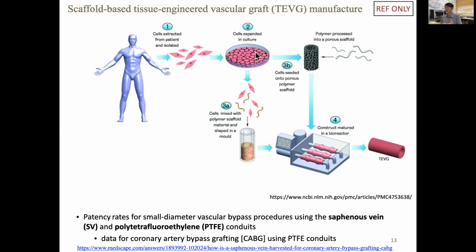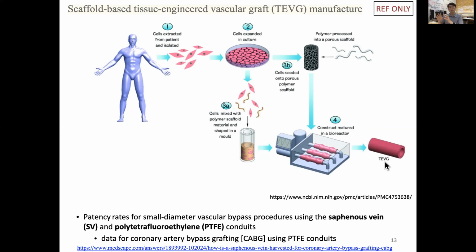The cells are expanded in culture, and can be either mixed directly with a polymer scaffold, or seeded onto a pre-made, porous polymer scaffold. These constructs can be matured in a bioreactor to become a tissue-engineered vascular graft.